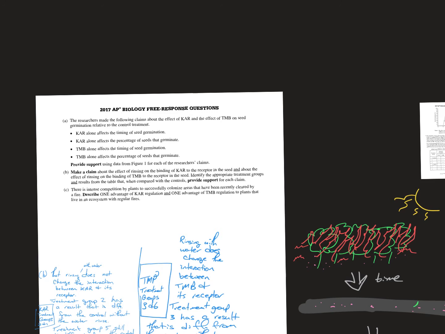Describe one advantage of CAR regulation and one advantage of TMB regulation to plants that live in an ecosystem with regular fires. Well, there's a bunch. I just described a bunch of them, but let's just name one for each. I'll try to find the answers that the AP board said and email you or post them.